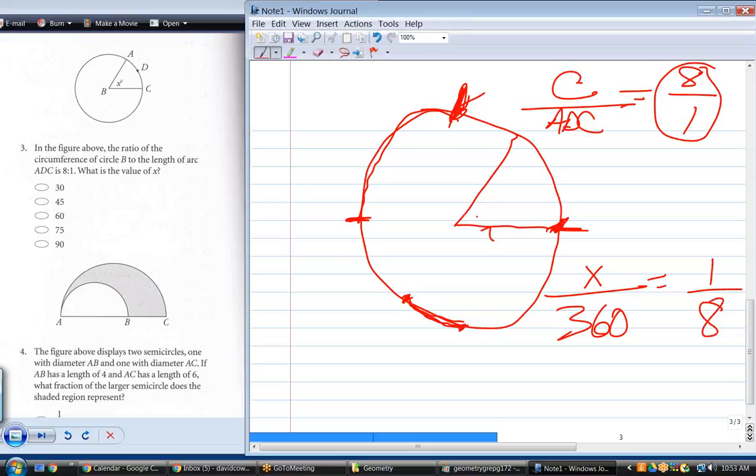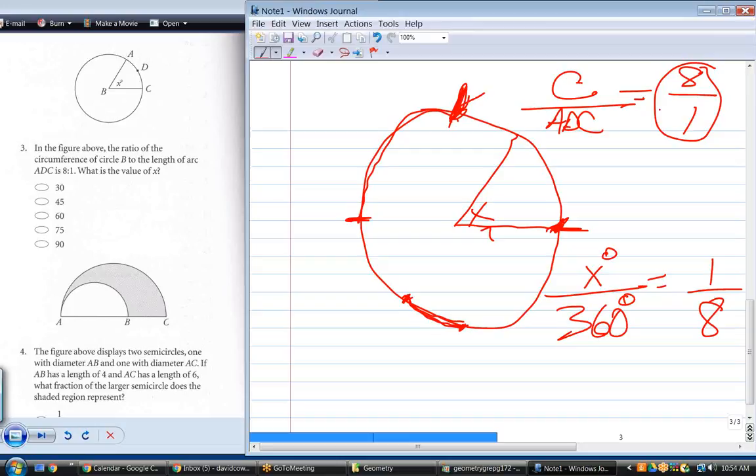Because I've written x is to 360, the small angle relative to the big angle has to be in the same ratio as the small arc relative to the big arc. And it's not the small arc relative to the rest of it, it's the small arc relative to the entire circle.